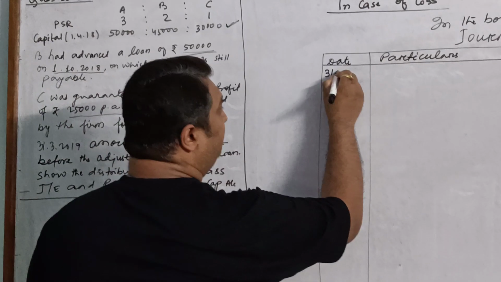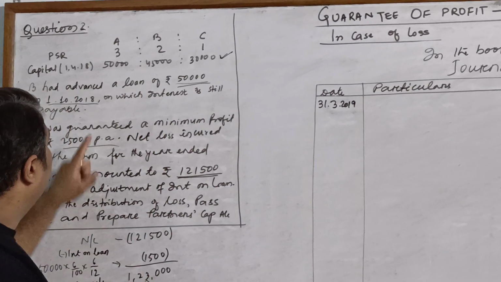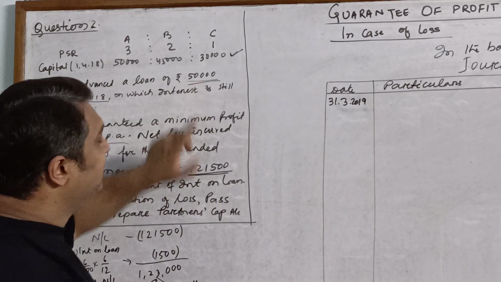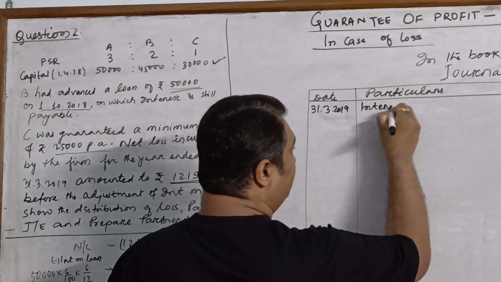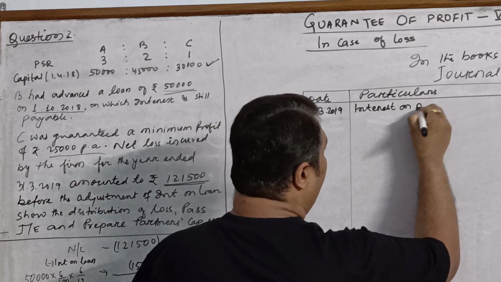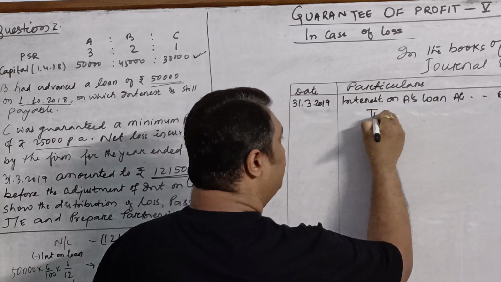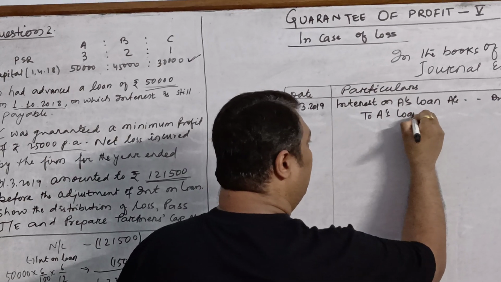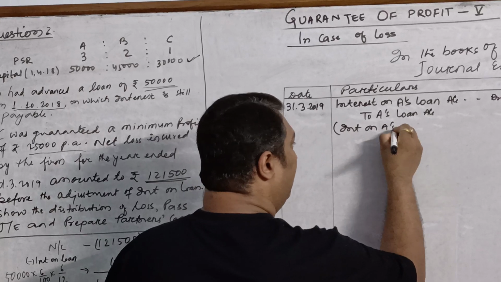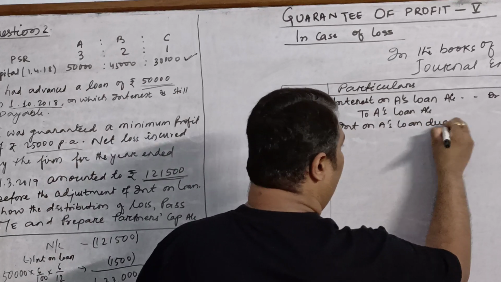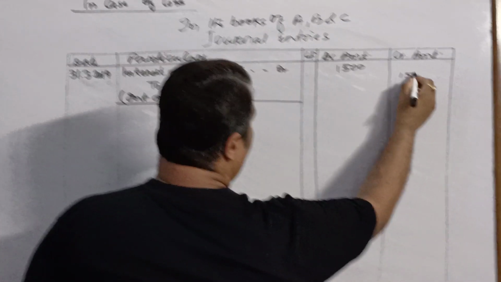We will first of all pass the entry on 31st March 2019 for the charge against profit, that was the interest on loan. So your entry will be interest on A's loan account debit to A's loan account. Narration: interest on A's loan due, amount 1,500.